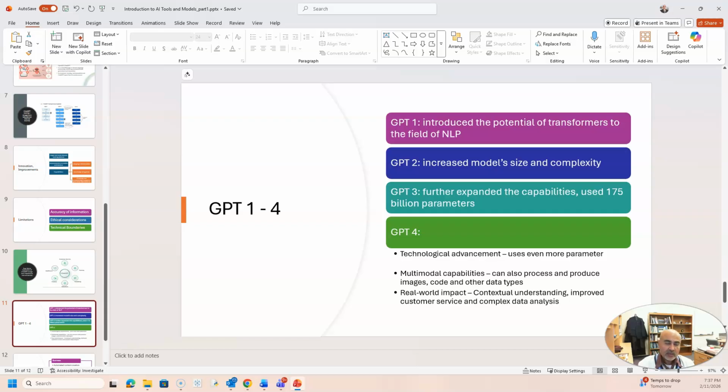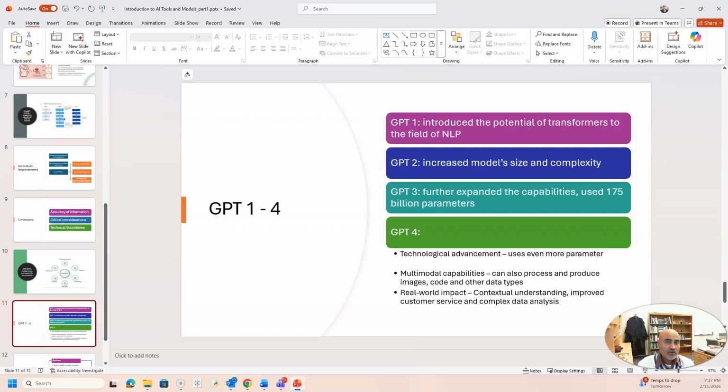With the evolution of the GPT series into GPT-3, or the third version, we really saw the explosive nature and adoption of GPT.